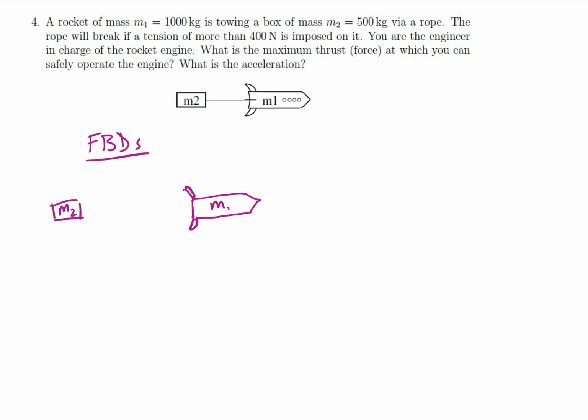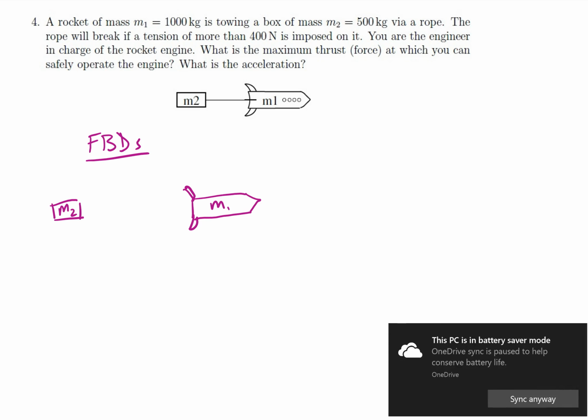So like usual, I want to break this down and do some free body diagrams. In this case, we have two different objects, so we want to do two different free body diagrams. I have here our box, M2, and our rocket, M1. I'm going to draw in the forces on the box first.